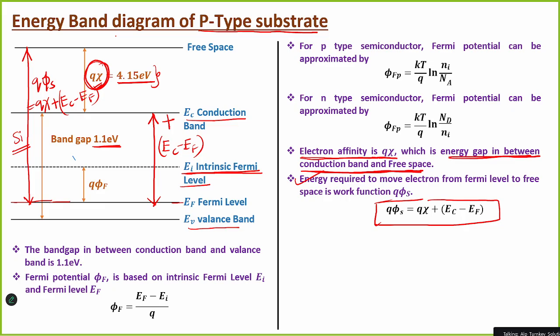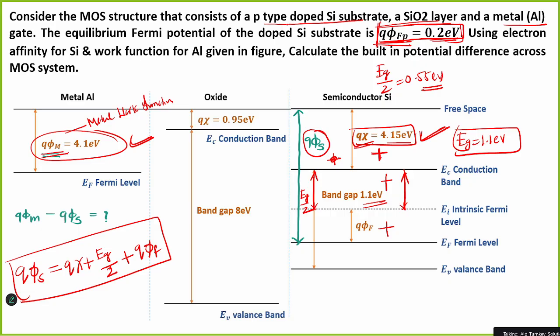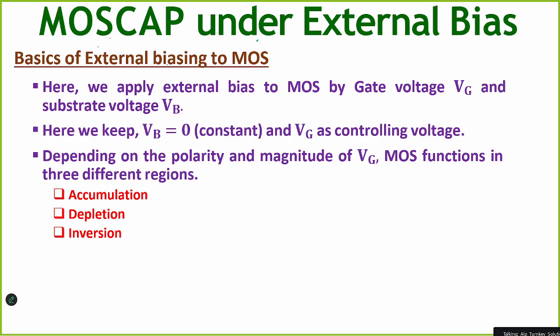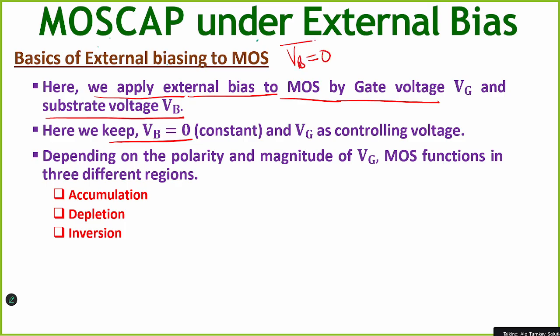So here we apply external bias to the MOS by gate voltage VG and substrate voltage VB. Here we keep VB constant. I told you, VB is connected to ground, so we are keeping the substrate voltage equal to 0. That is constant only.